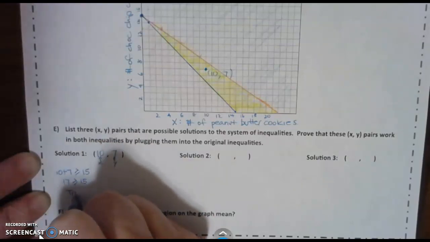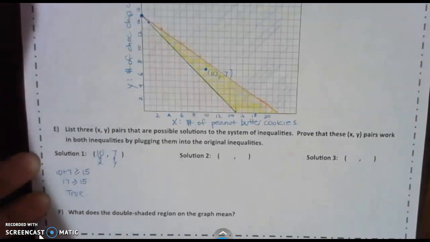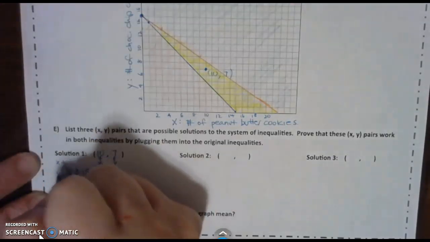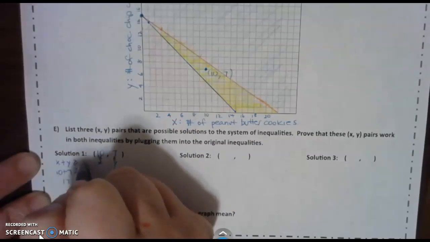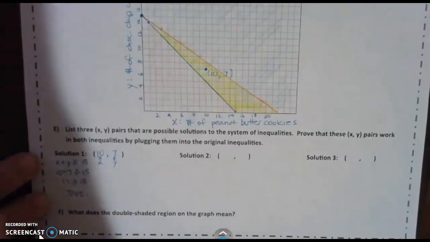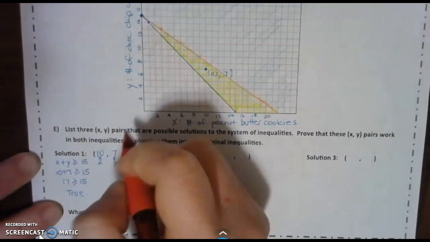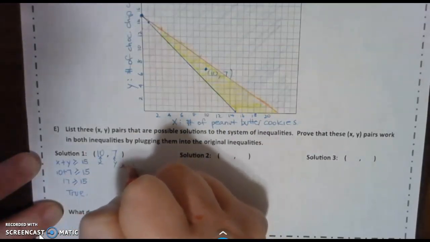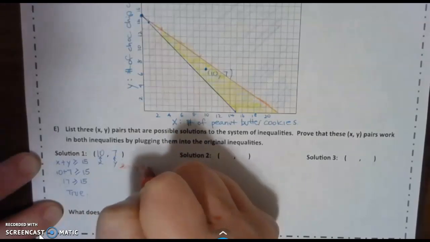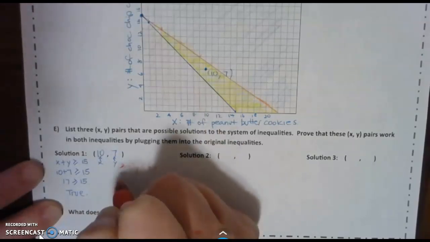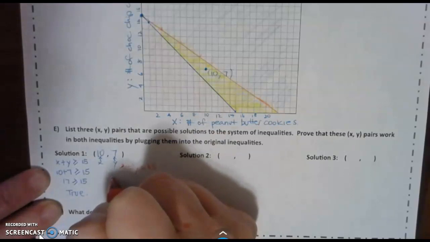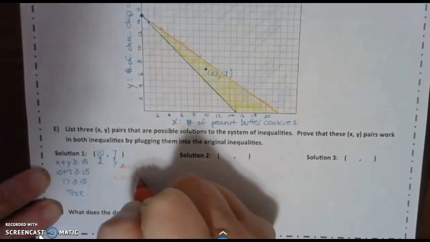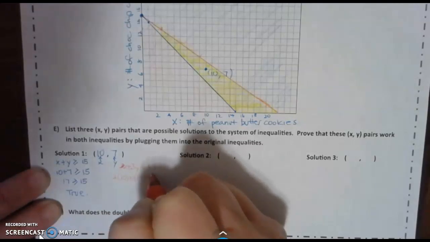This is true. Okay, and that was 2x plus y is greater than or equal to 15. It's always a good idea to check against the original inequality. The second inequality was 2x plus 3y is less than or equal to 45. So 2 times x, which is 10, plus 3 times y, which is 7, is less than or equal to 45.